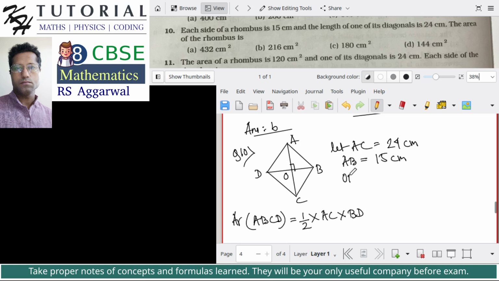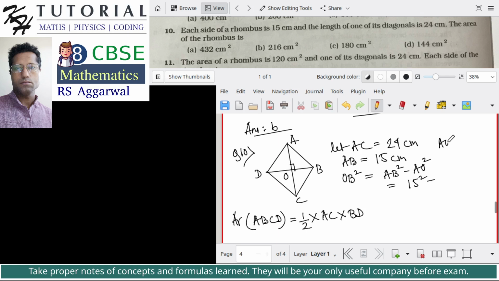So OB square, I am directly applying the Pythagoras theorem formula. OB square will be equal to AB square minus AO square. This is equal to AB square, 15 square, minus what is AO? AO is half of AC, and AC is 24 centimeter.